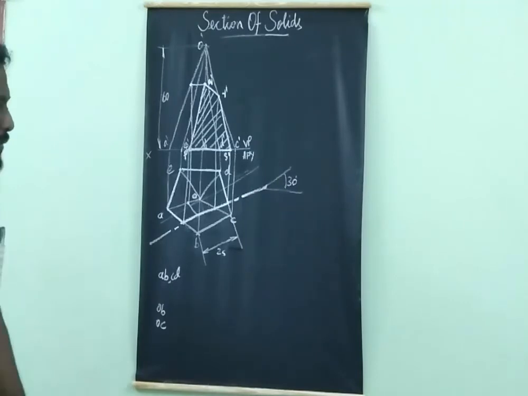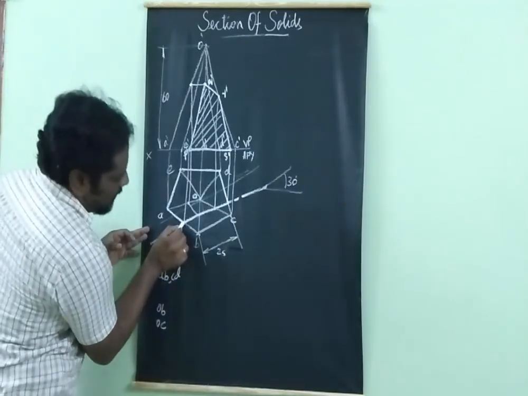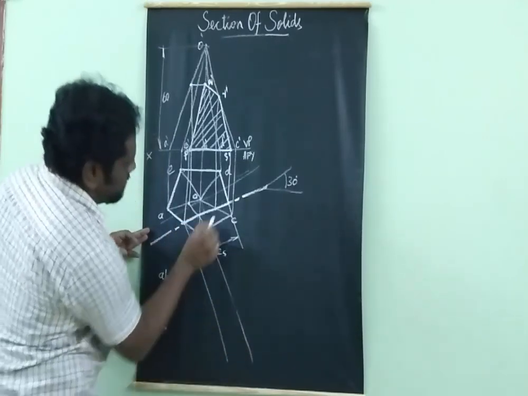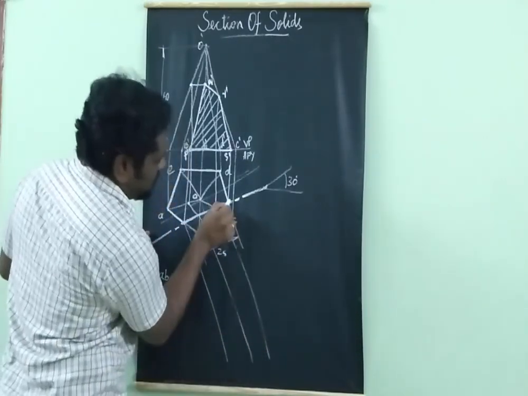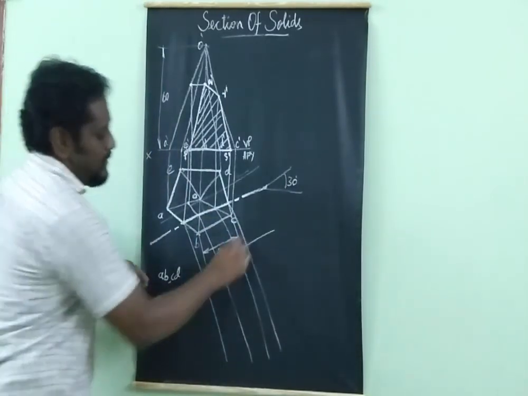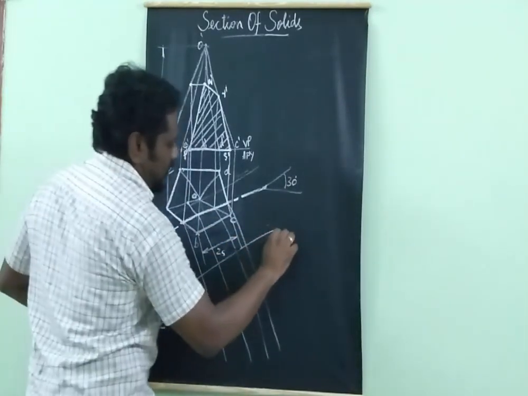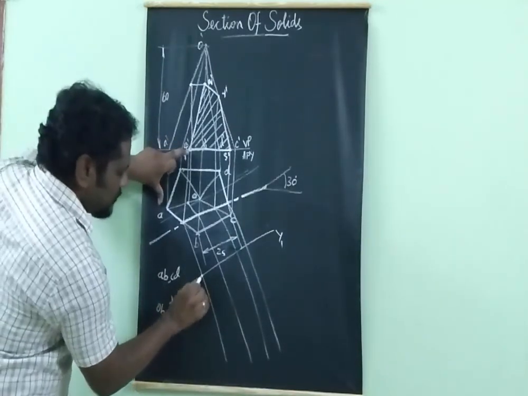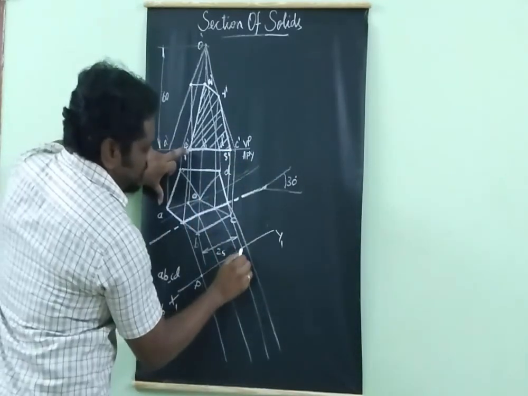Then again what you have to do? You have to draw the vertical lines from all your cutting points like this. Then draw a parallel line. Make this x1, y1. The point P will be here. So this is point P. The point S will be here.